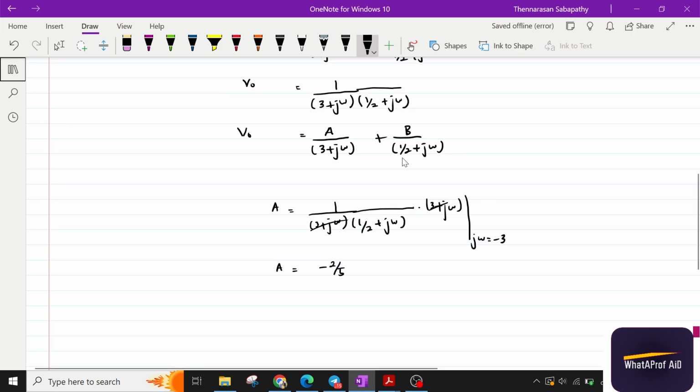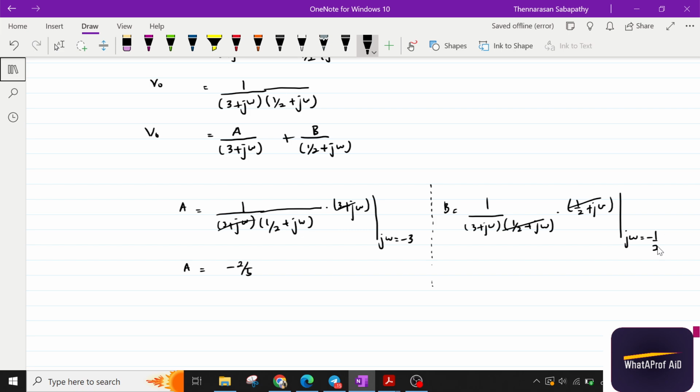Similarly, to find b, it is multiplied with the half plus j omega, then this can be cancelled.